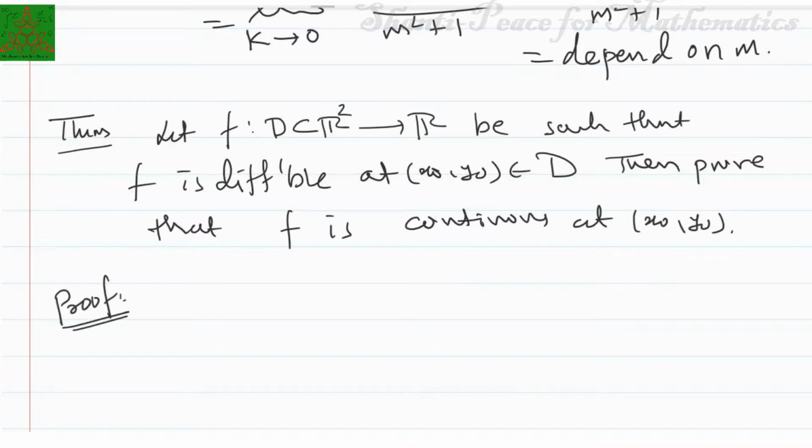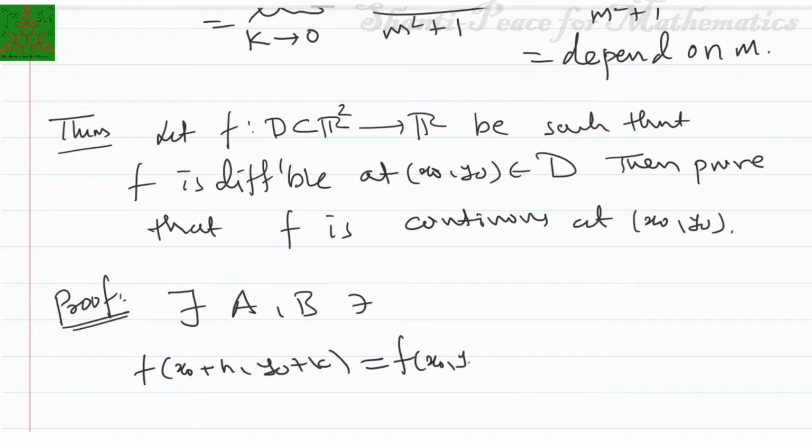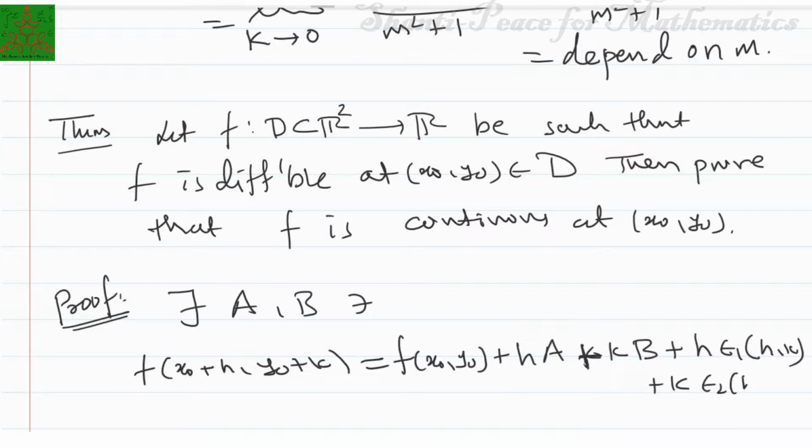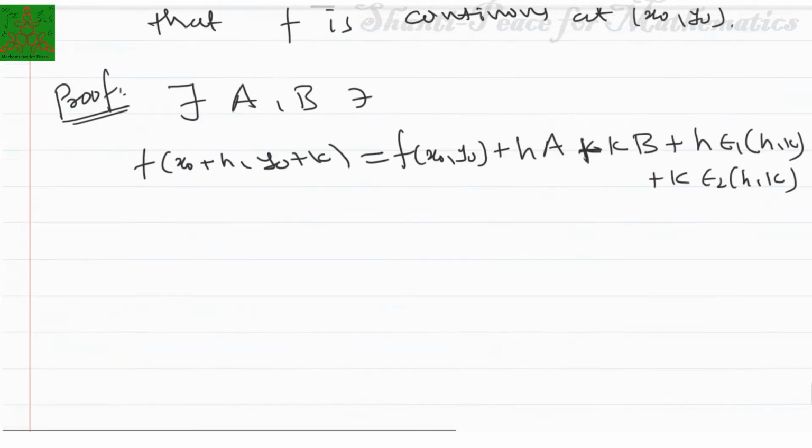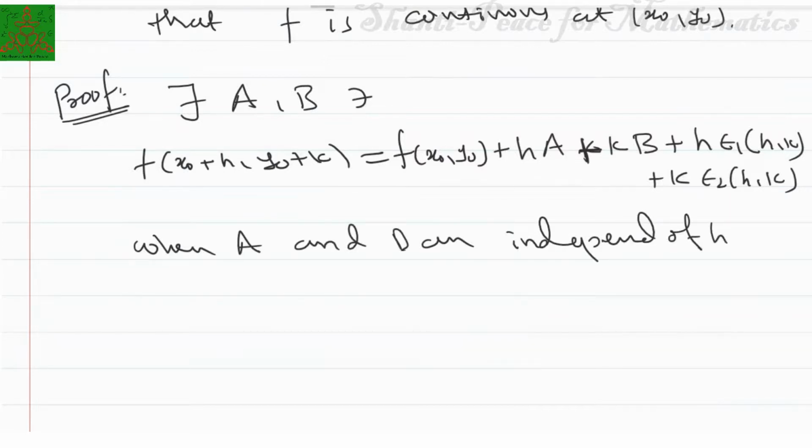Here it is given that the function is differentiable, so by definition there exist a and b such that f of x0 plus h, y0 plus k equals f of x0 y0 plus h into a plus k into b plus h into epsilon 1 hk plus k into epsilon 2 hk, where a and b are independent of h and k, and epsilon 1 and epsilon 2 tend to 0 as hk tends to 0.